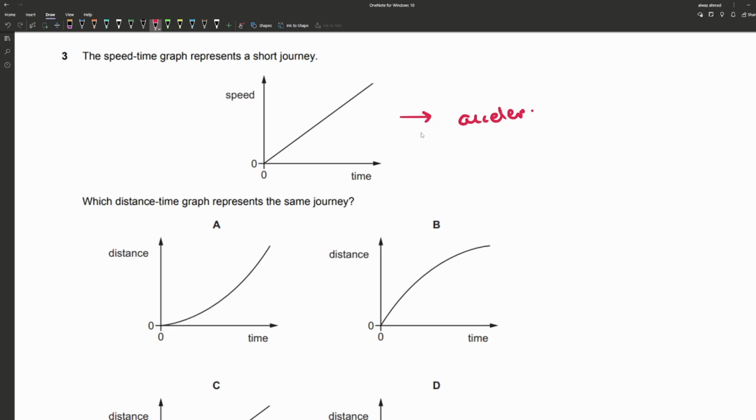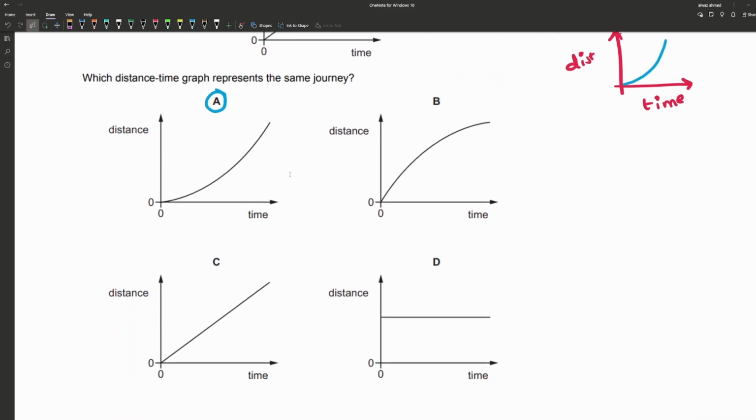Now we just need to check our 4 options and look at the distance time graph which represents an accelerating object. As we've talked about before, the distance time graph for an accelerating object looks something like this. And if we take a closer look, we can see that A is the correct answer, while C, B and D are not.